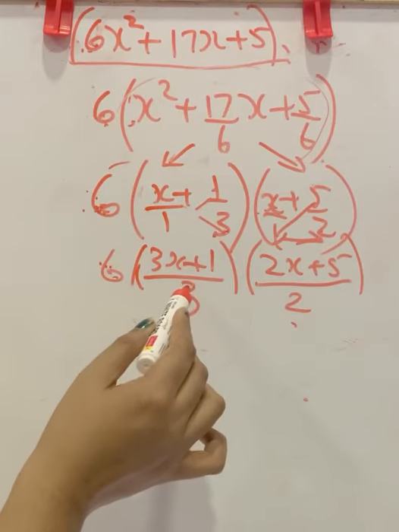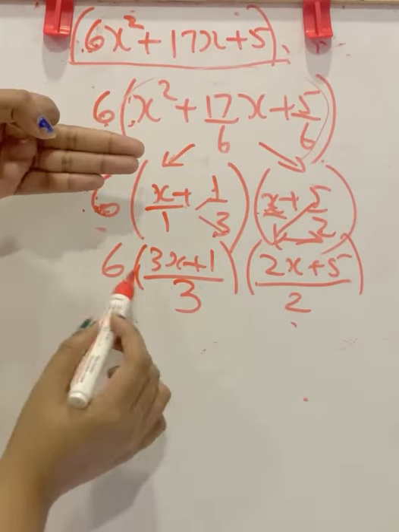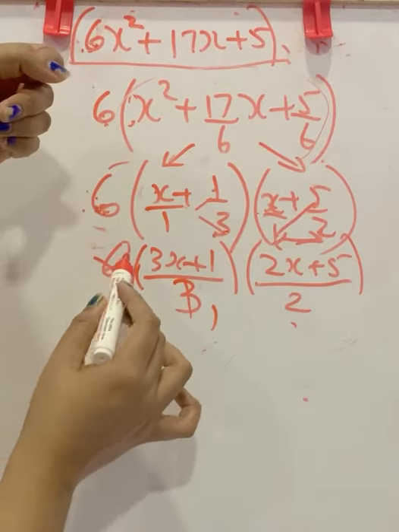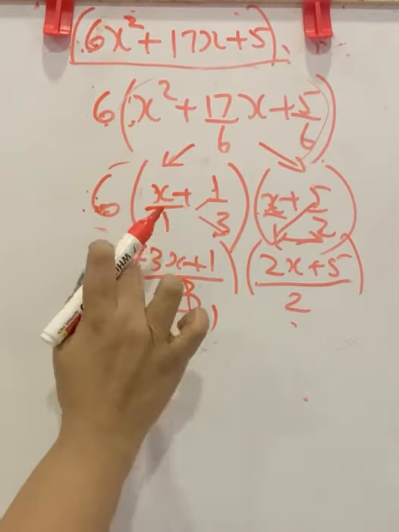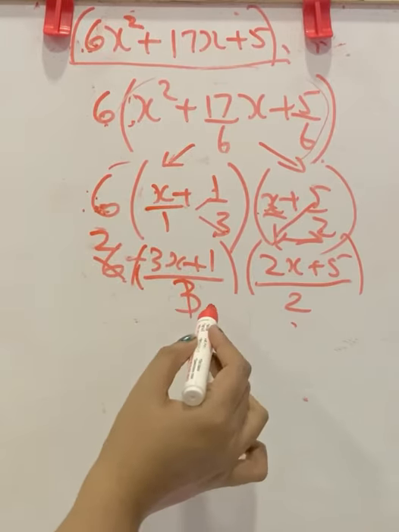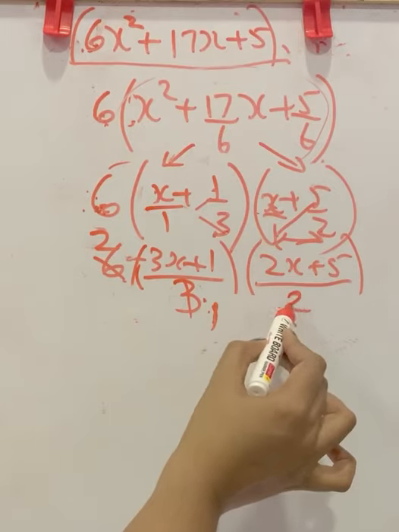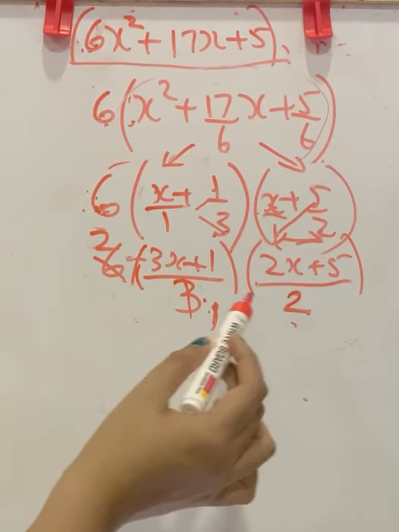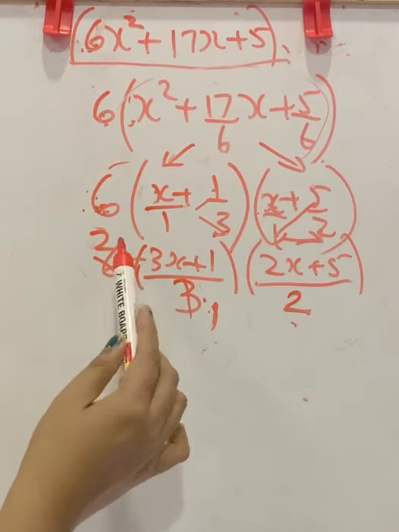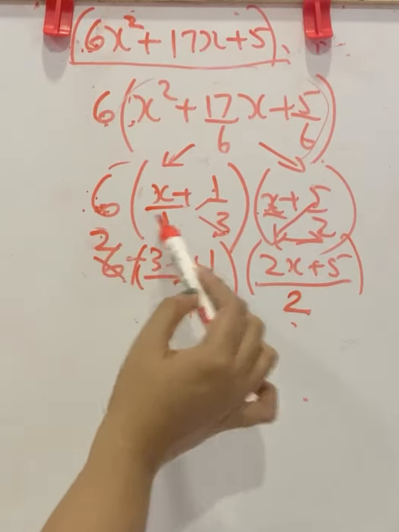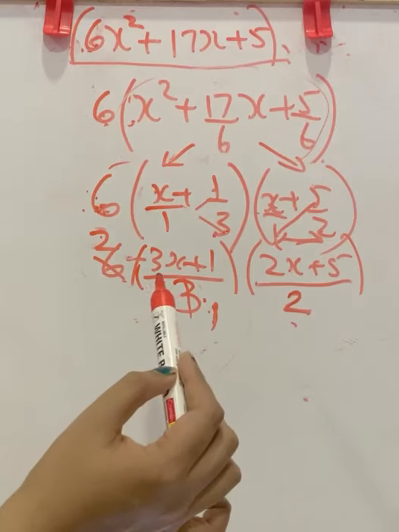So how will you cut it with a common factor? 3 is a common factor in 6 and 3. So 3 ones are 3, 3 twos are 6. Now we have 2 here in the numerator. Here it is 1. Now coming to this denominator, we have 2 there. So we can cut it like this also. I told you before, we can't cut with all the numerators, but we can cut any of the numerators with any of the denominators.